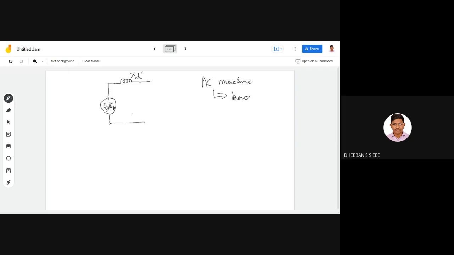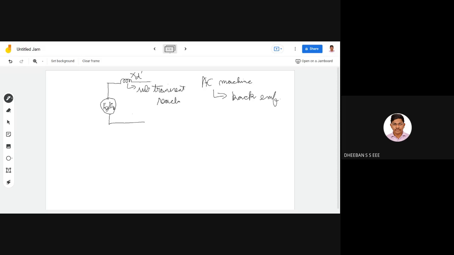The first assumption is that you have to consider an X"d, a subtransient reactance.